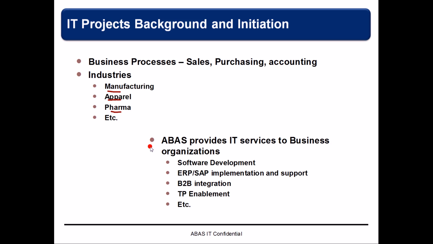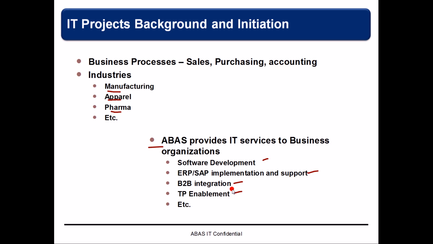And as ABAS IT, we will provide the business organizations with software development, ERP and SAP implementation and support. We will also provide B2B integration and trading partner enablement, which is a subset of B2B integration.